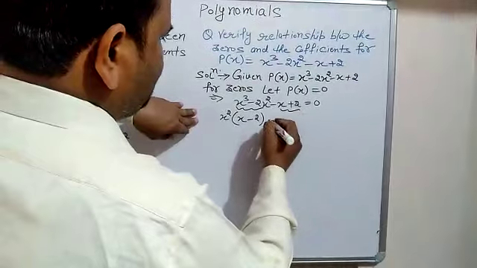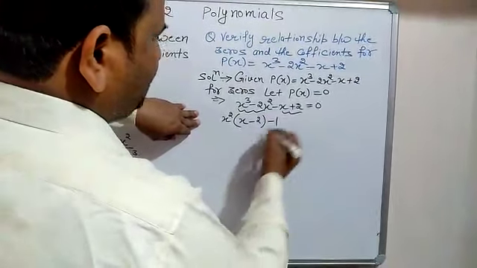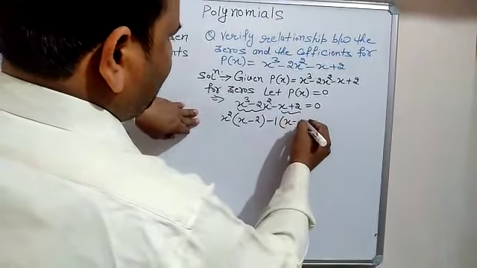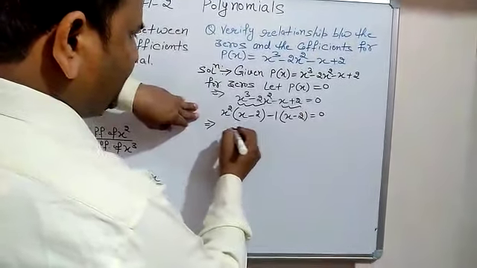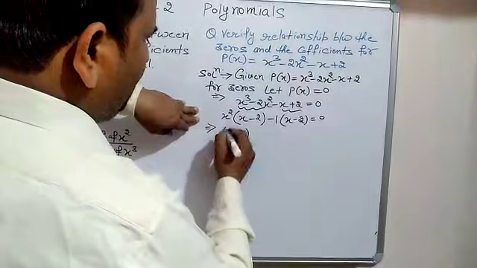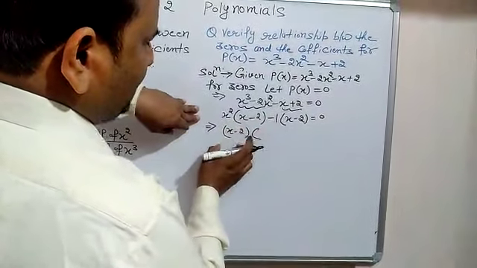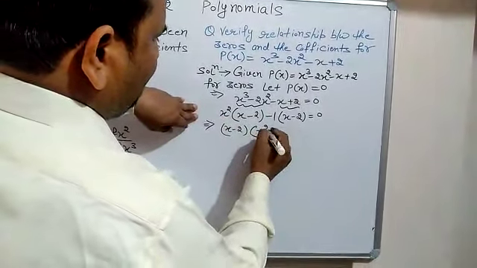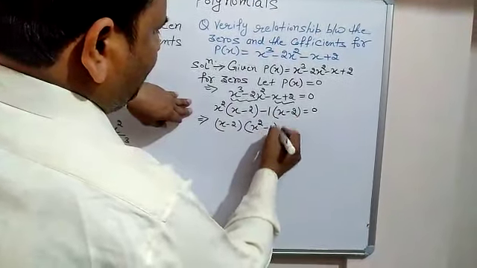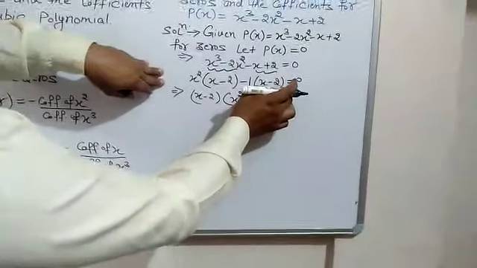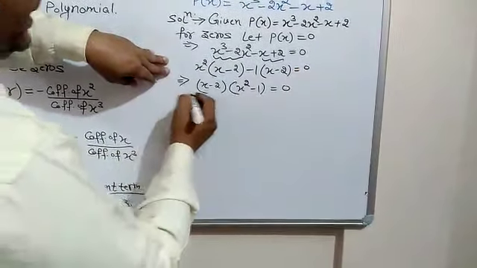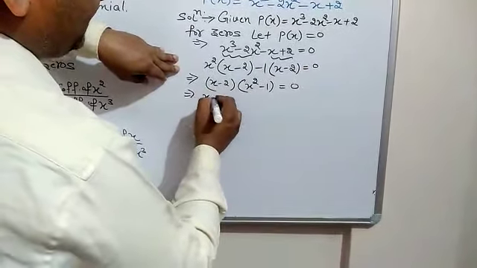Then out of these two, minus 1 is common, and here is x minus 2, is equal to 0. It further implies x minus 2 is again common, and x minus 2 is outside, here is x square and minus 1 left. It is equal to zero, because x minus 2 is already common. It further implies x minus 2.